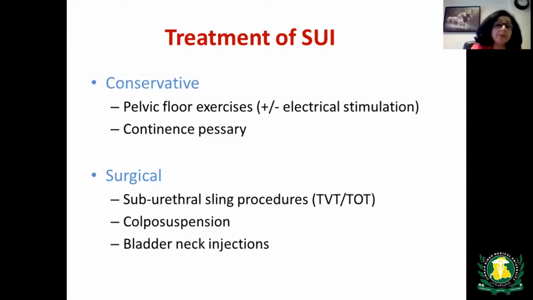Or you can add continence pessaries depending on the desires of women, but continence pessaries are not suitable for women who are sexually active. In surgical treatment, there are different options, which include slings.